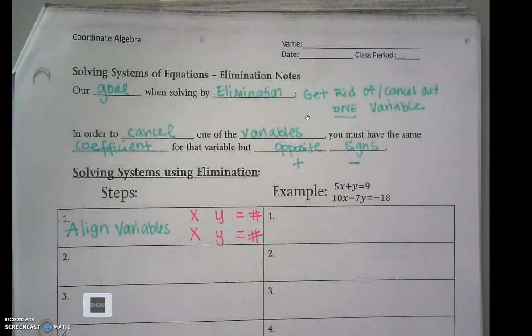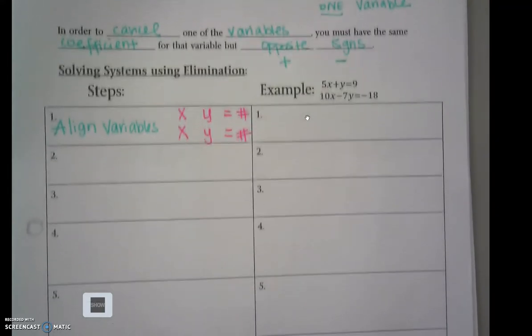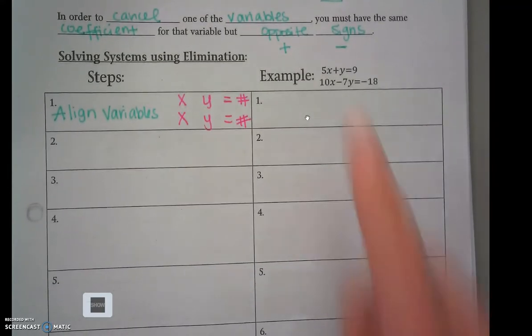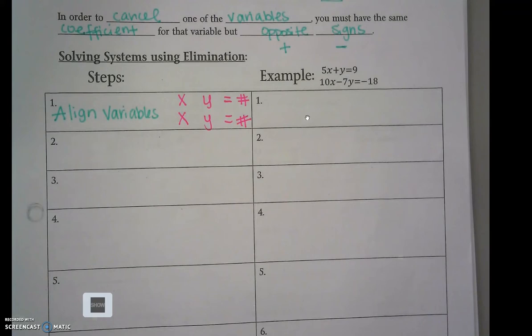We want those things in a straight line. It'll help to cancel those things out. So if we look at our example up here at the top, they already aligned everything, so we don't have to worry about that for step number 1.